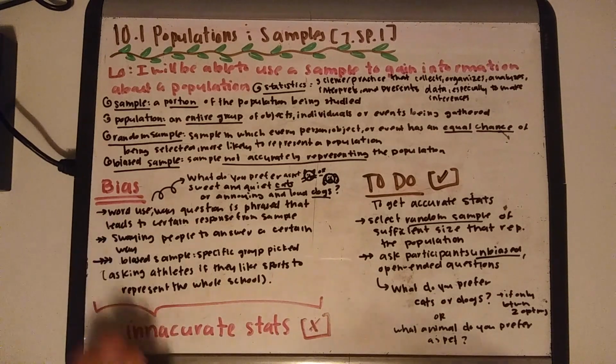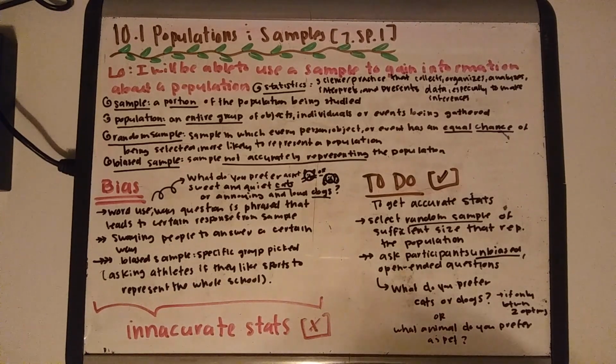So let me just go over biases that you can experience, and that's actually gonna be inaccurate. The statistics that it's gonna give us is not gonna give us a good representation of the whole population, versus what to do to get a good representation of the whole population or good data. So for instance, the way the words are used, the way that we ask a question or that is phrased, that's going to lead to a certain response from the people that we're asking.